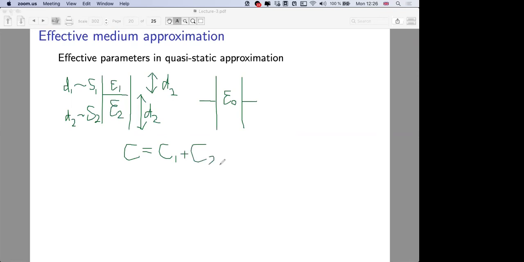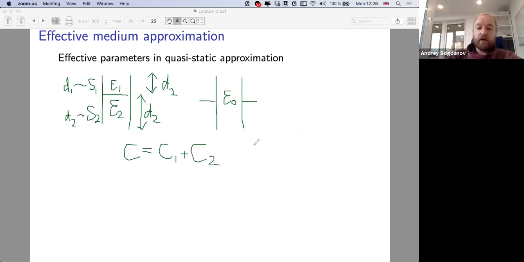So here, according to the formula, it's the total surface area, proportional to D1 and D2, the height of my cladding layers.